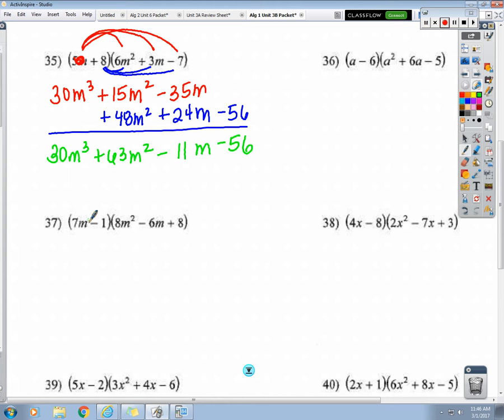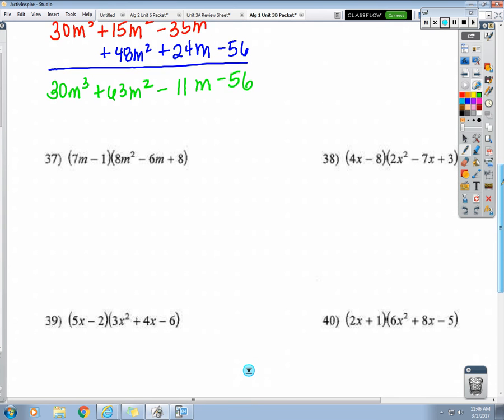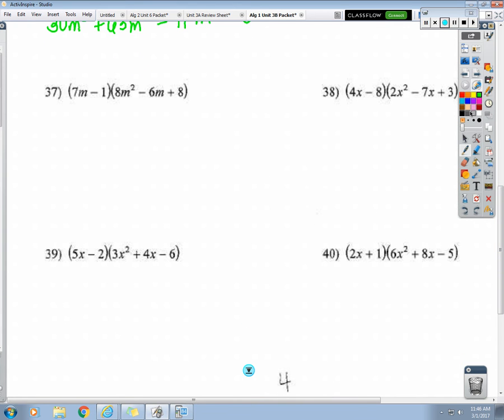Yep, you are. Number 37. Okay, number 37. The first thing I need to do is distribute the 7m to everything over there. And that will become what? And then minus 42m squared. And then plus 56m.